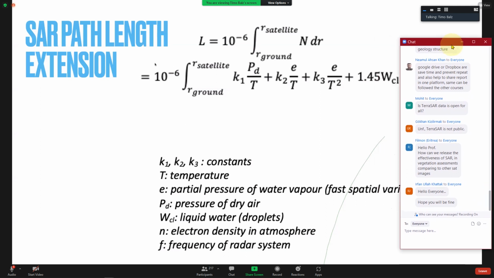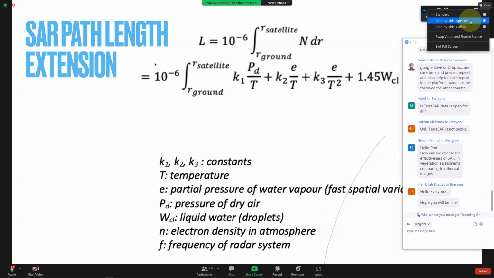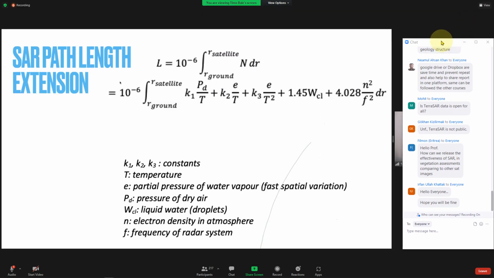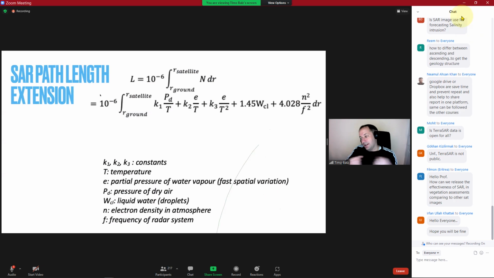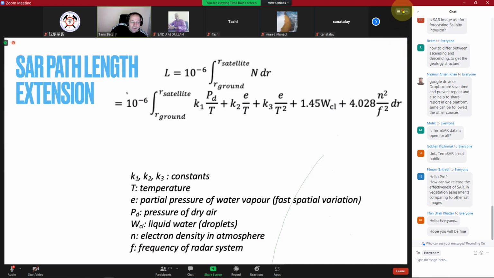So what's happening is that our signal is slowed down, which we can also interpret as an extension of the SAR path length, right? If our signal is slowing down, but we are still assuming the speed of light, then in terms of distance, our SAR path gets longer.